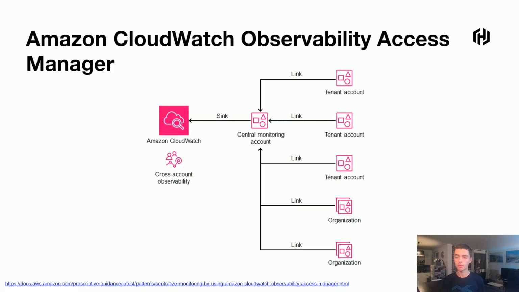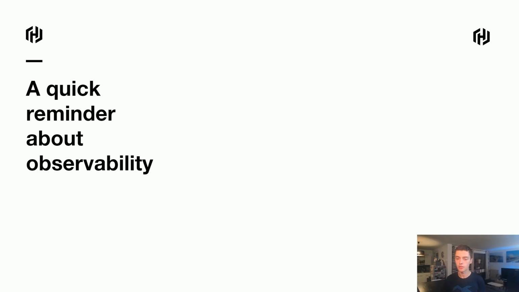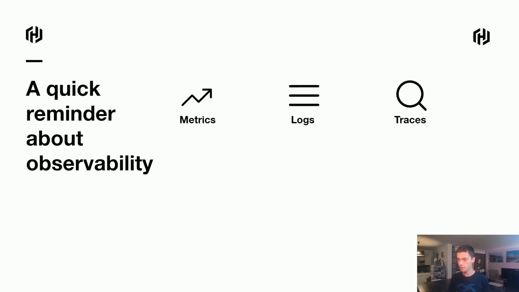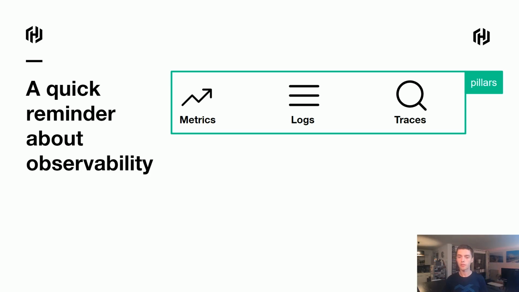Just a quick reminder: when I talk about observability, what is observability? In observability, we have 3 main things: the metrics, the logs, and the traces. These 3 things are the pillars of observability in general for all platforms.